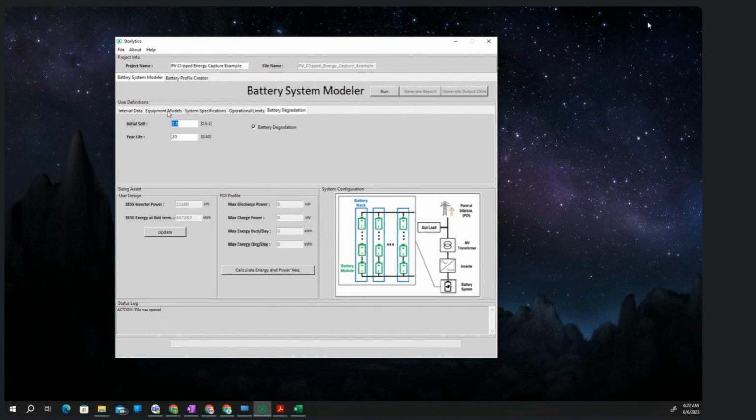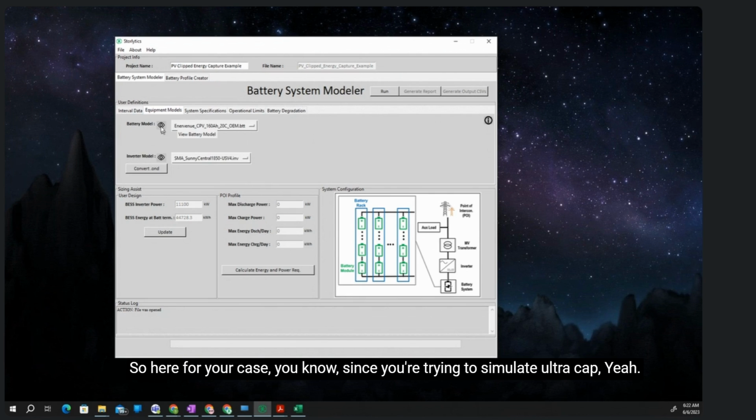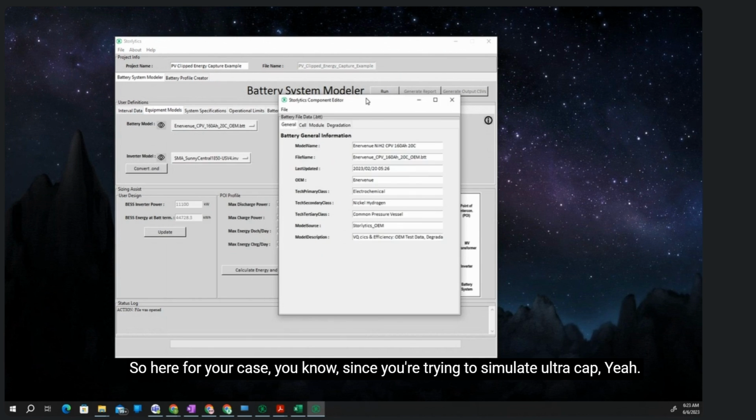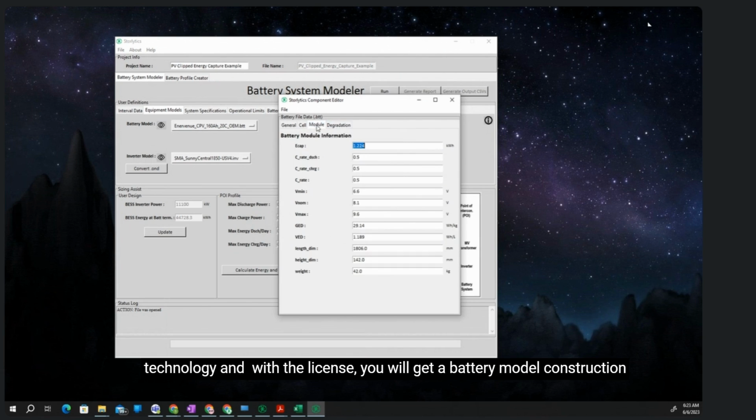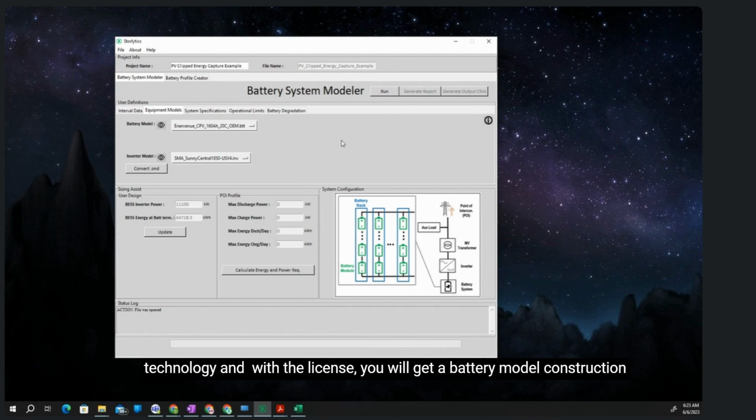For your case, since you're trying to simulate ultra cap performance, you can vary the parameters in the .btt file based on your ultra cap technology. And with the license, you will get a battery model construction guide that helps you fill out these parameters for your technology.